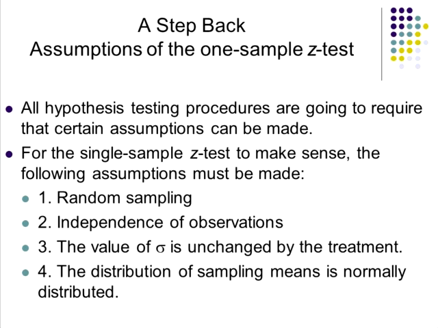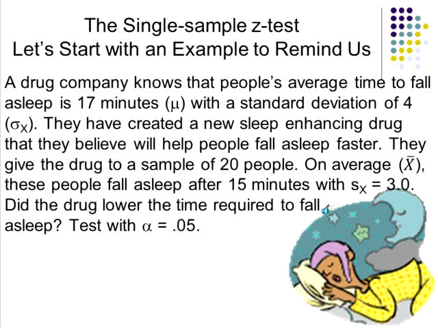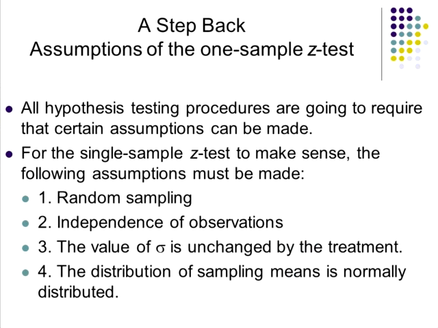So there are 2 different distributions of sleep times: one without the drug, one with the drug. The value of sigma for both of those distributions needs to be the same. If you had a sigma of 4 in the original population, then the sigma for the distribution of sleep time with the drug should also be 4.